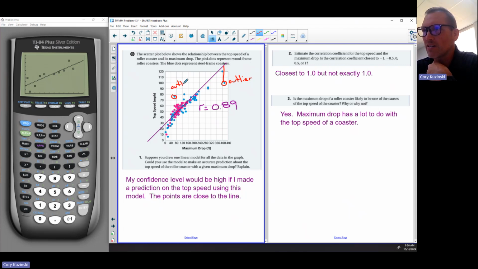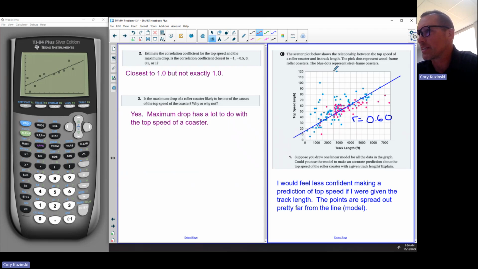Outlier, question mark, because it's kind of far away, but this one too, maybe outlier, question mark. So those 3 points, maybe they're outliers, but you can't have too many outliers and have it still have strong correlation. This isn't super strong, but it's pretty strong. It's the strongest we've seen.